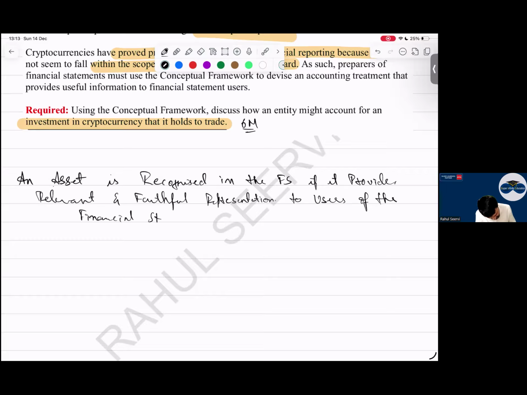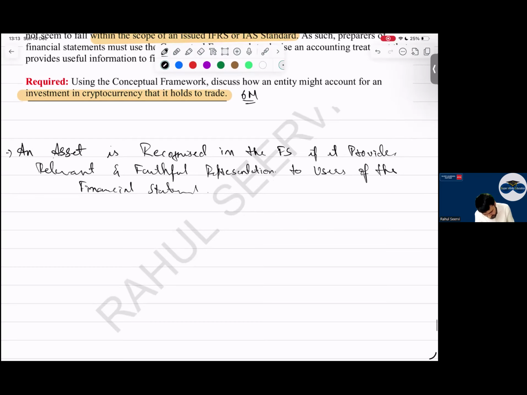So this is done, sir. And you can add here that there should be no uncertainty. It is not in the question, so you need not write it down, but it is an exam focus, sir.